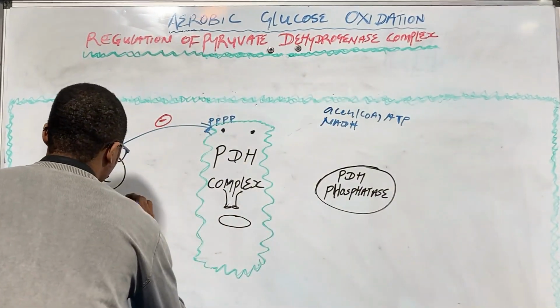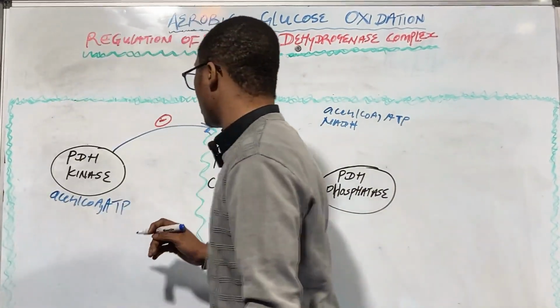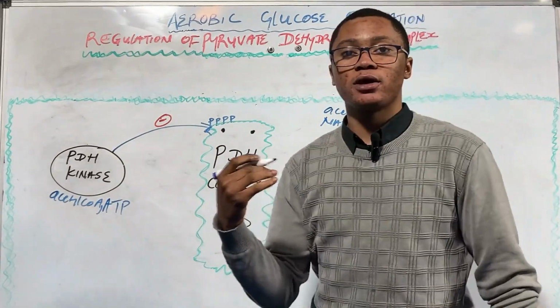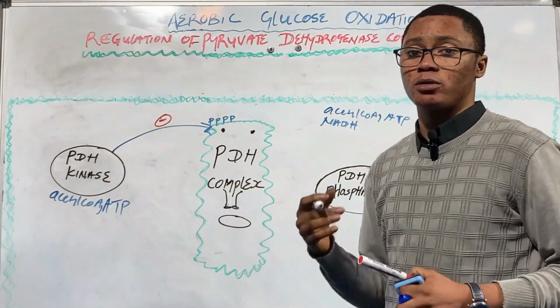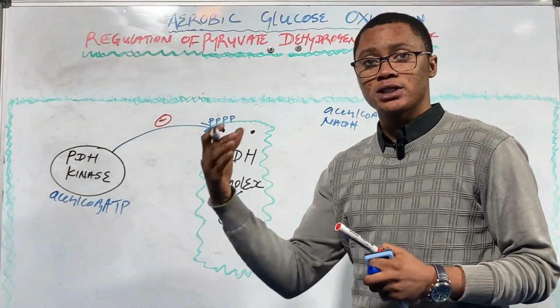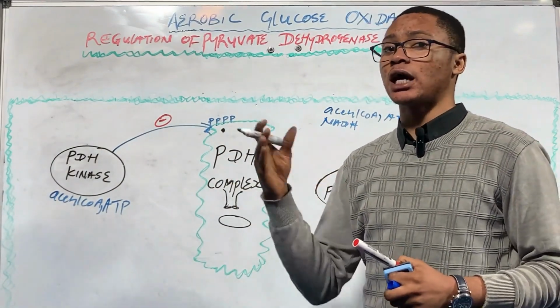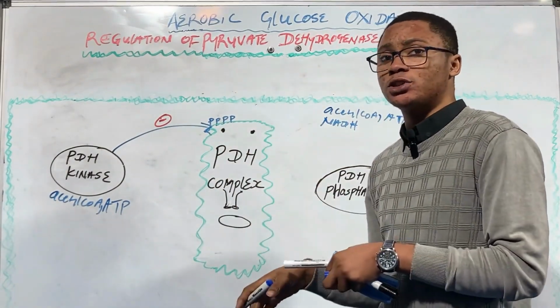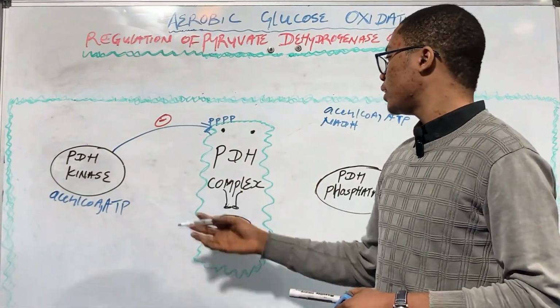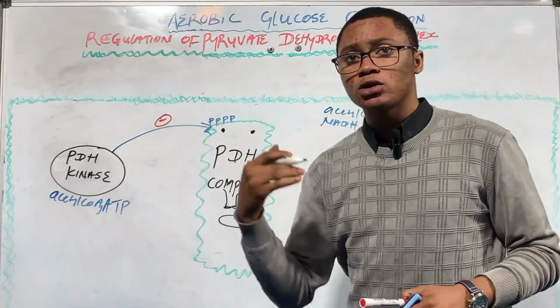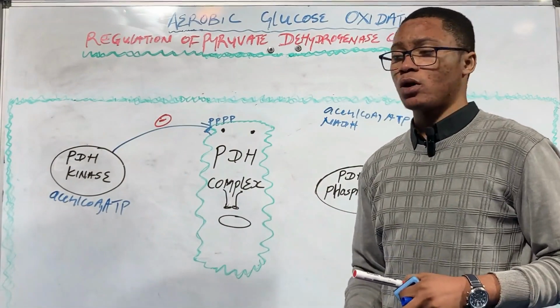The next one is ATP. Remember, in the last video we talked about the giving off of ATP, because the NADH and the H ions have to go through the electron transport chain to yield ATP, and the acetyl-CoA that was given into the Krebs cycle also yields ATP.